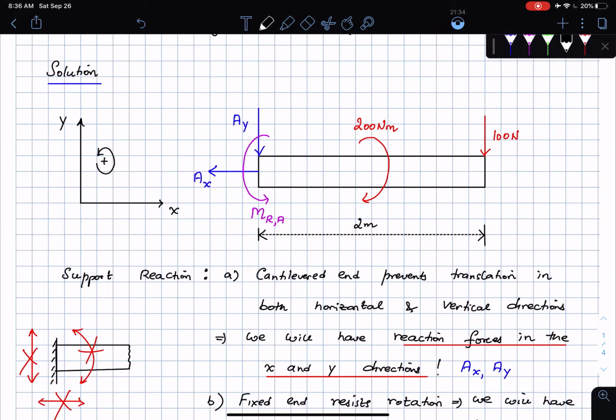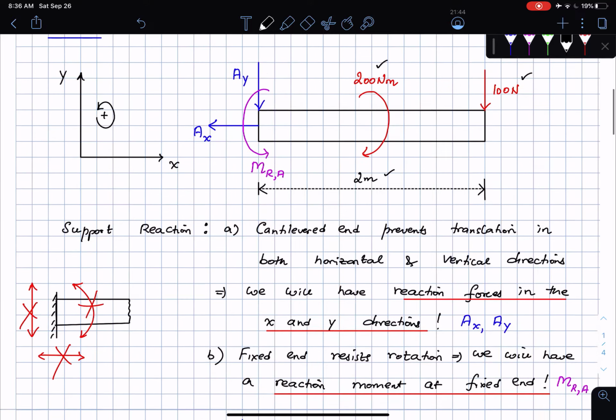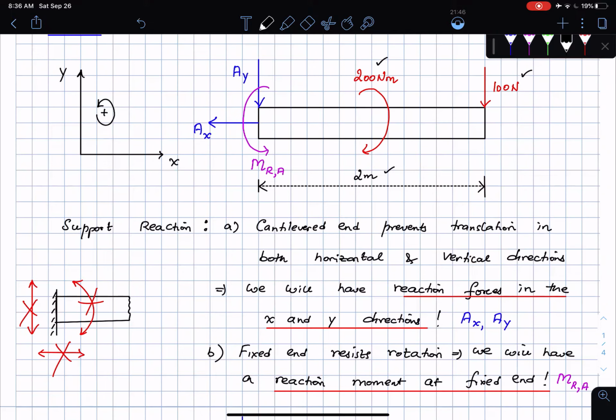What do I have on the free body diagram? I have the applied force, the applied couple moment, and the dimensions. What else do I have? The support reactions. This is a cantilevered support, which means that it prevents translation in all directions, x direction and y direction. So I'm going to have two support reactions in the x and y directions that represent the fact that I cannot translate in those directions.